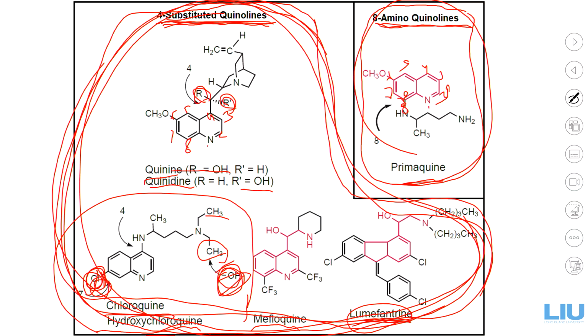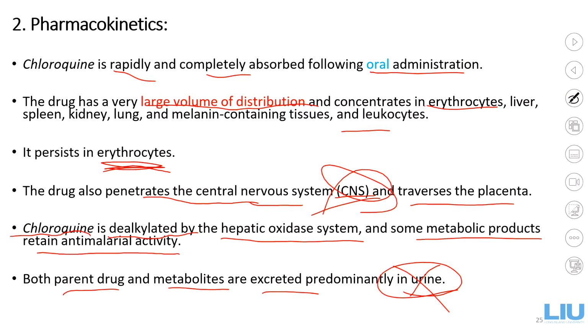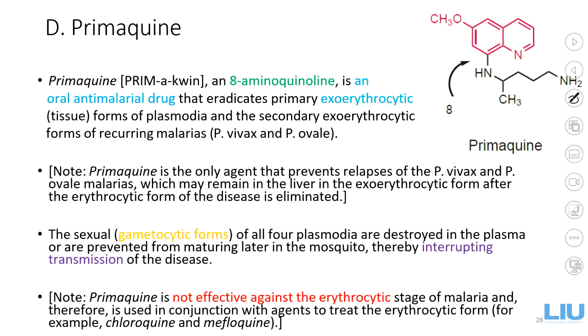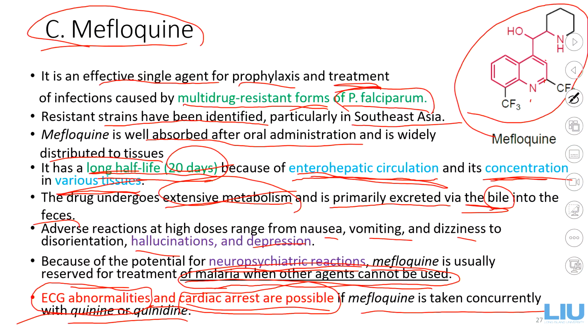Sure. So the question was, because chloroquine and hydroxychloroquine have a longer lipophilic chain compared to that, how is that going to affect the oral bioavailability? I think we said that both of them are taken orally. It has enterohepatic circulation, so it must be taken orally.